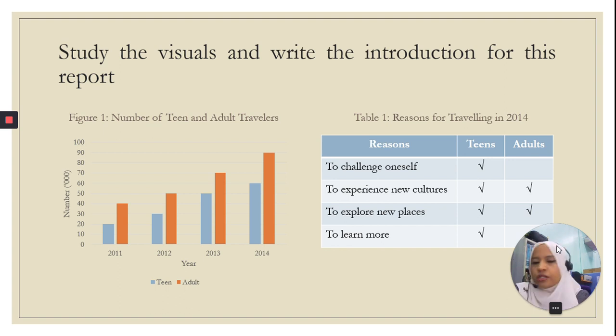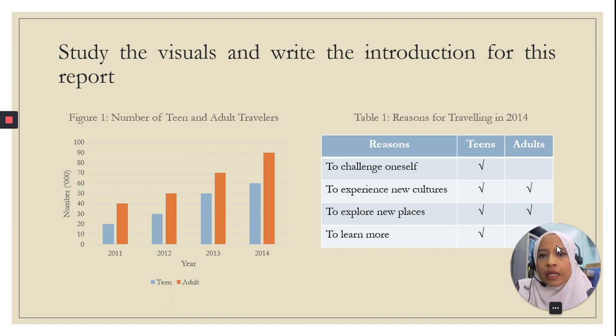The first visual given is a bar graph. The title of this bar graph is Figure 1, Number of Teen and Adult Travelers. For the next visual, you are given a table. Table 1 has the title Reasons for Traveling in 2014.